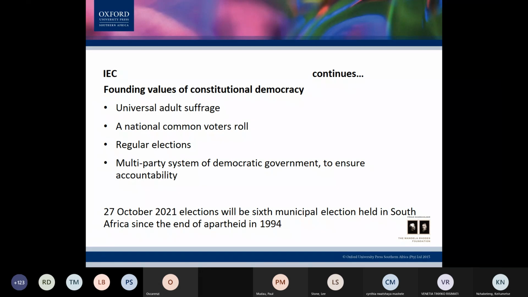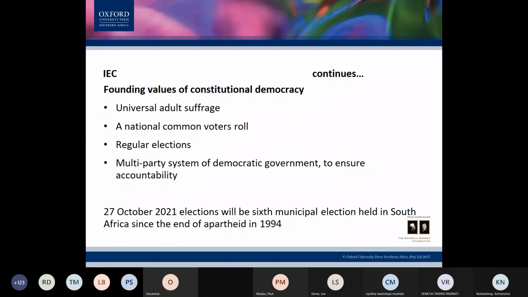Then the last value is the principle of a multi-party system of democratic governance to ensure accountability and also to ensure responsiveness and openness.